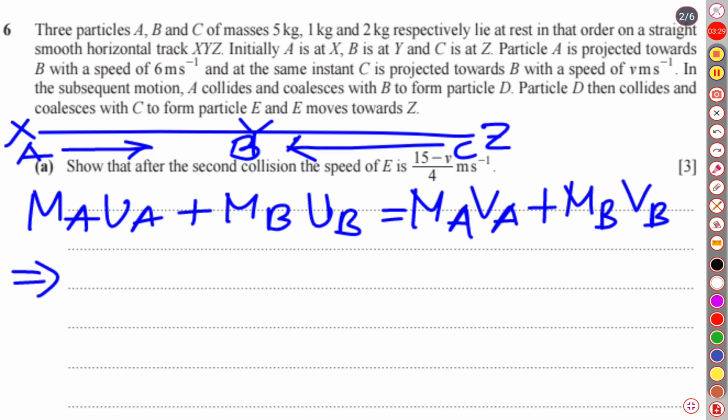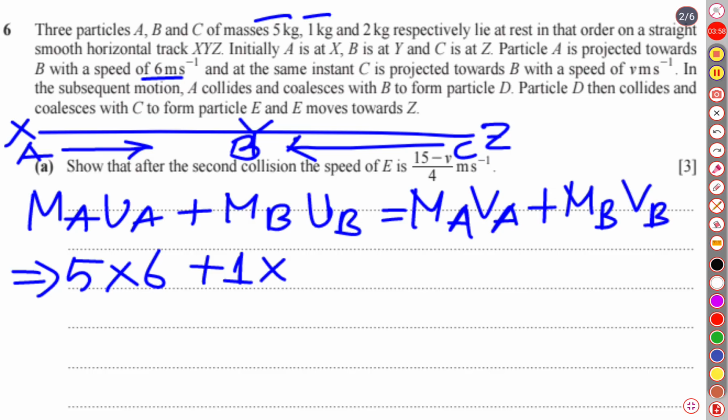Mass of particle A is 5 kg, so it is 5, and initial velocity of A was 6. Plus mass of particle B is 1 kilo, and initial velocity of B was 0 because it was at rest. All of these three are at rest in order: A is at X, B is at Y, and C is at Z.